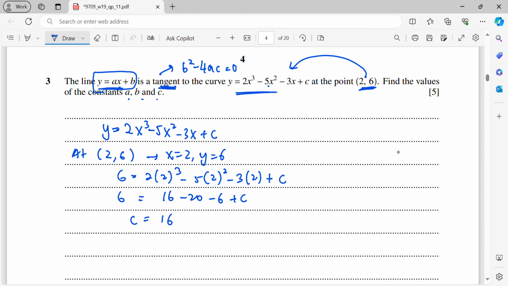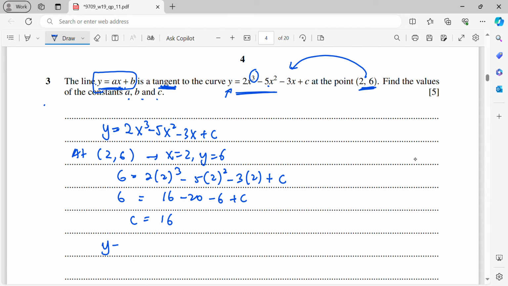So no point to use this, because when you replace the y by ax plus b, here you still get a cubic function. This is one of the ways, b squared minus 4ac, provided you get a quadratic. But now obviously we are not getting a quadratic. Therefore, we have to solve this question using differentiation. So 2 options when you see tangent.